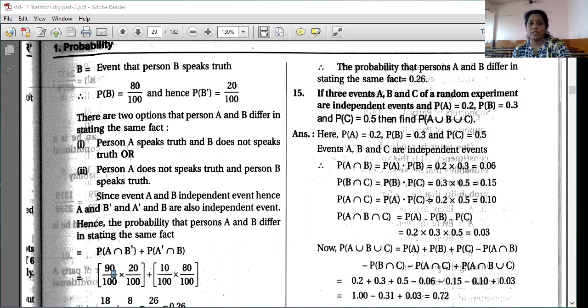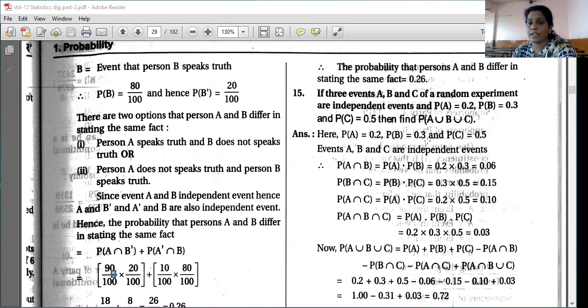Okay. Now the 15th one. If three events A, B and C of a random experiment are independent events and P of A equal to 0.2, P of B equal to 0.3 and P of C equal to 0.5, then find P of A union B union C. Whatever is given, that you have to use. So P of A intersection B will be P of A into P of B, that is 0.2 into 0.3, that is 0.06, and B intersection C, that is P of B into P of C, that is 0.3 into 0.5, that is 0.15, and A intersection C, P of A into P of C, that is 0.2 into 0.5, is 0.10.